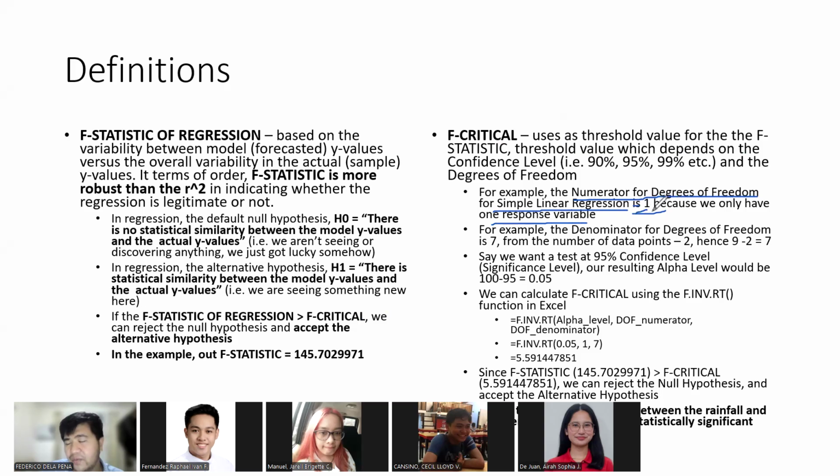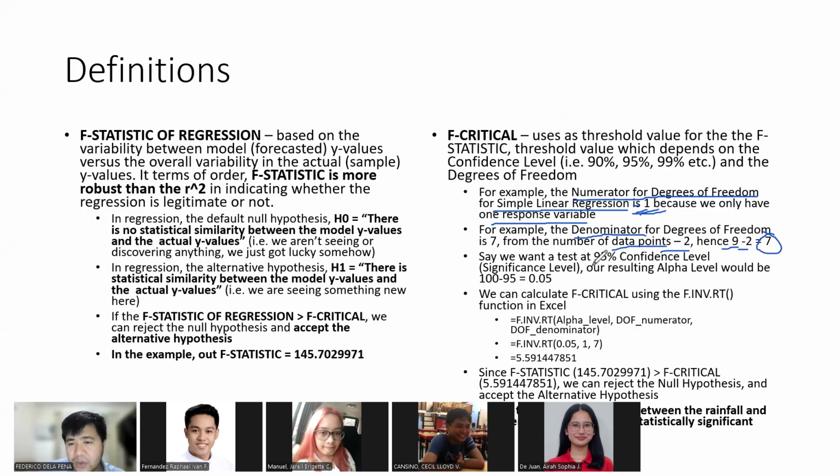Therefore, the numerator for the degrees of freedom is just 1. On the other hand, the denominator for degrees of freedom is simply obtained by subtracting 2 from the number of data points you have. So we have 9 data points, just subtract 2, you're going to get 7.